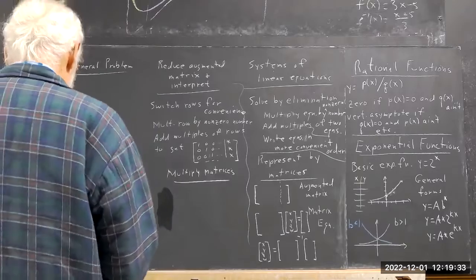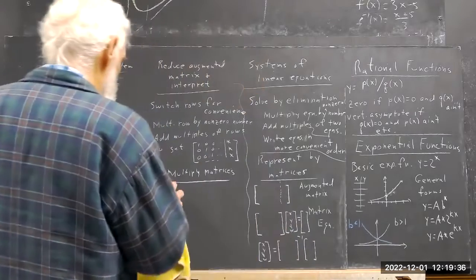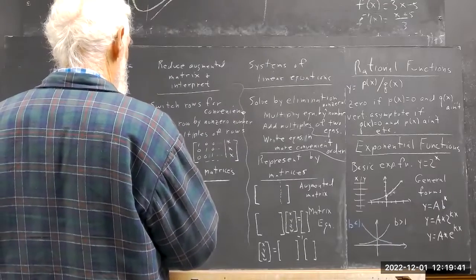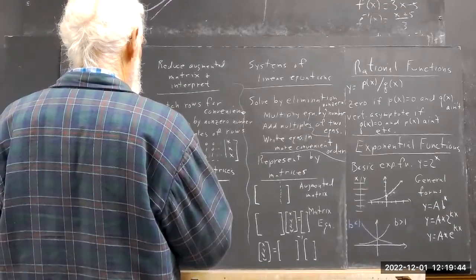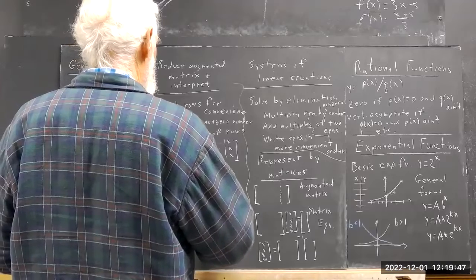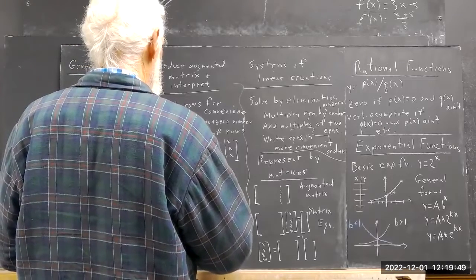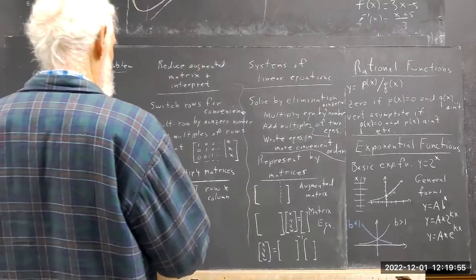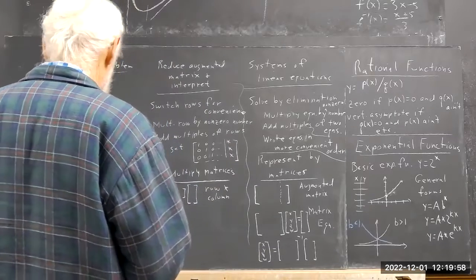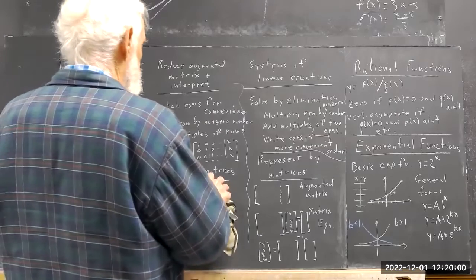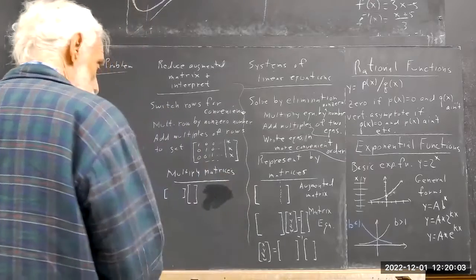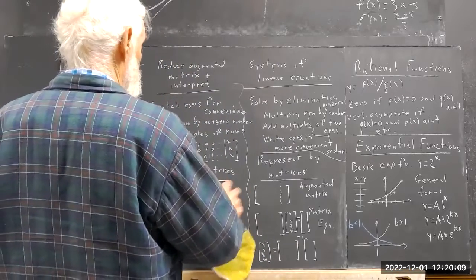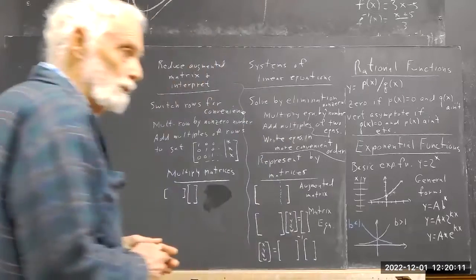First thing you have to understand is what it means to multiply a row by a column. Okay. And I might not get to this general problem. I'll get to it in the next hour.